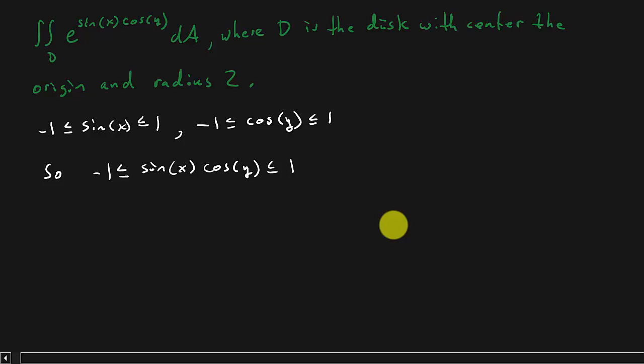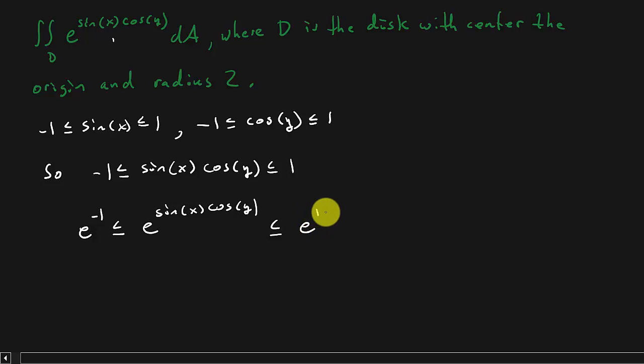And because the natural exponential function is increasing, we can write this as e to the -1 less than or equal to e to the sine x cosine y less than or equal to e to the 1, right?